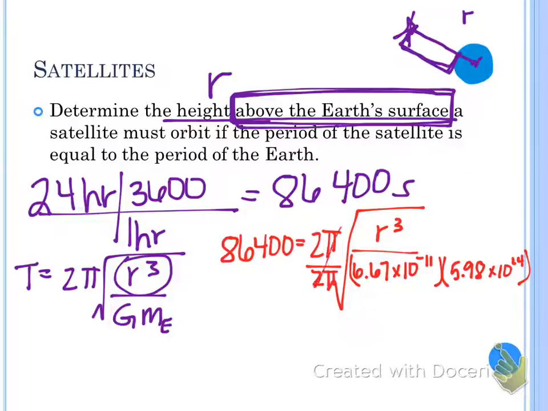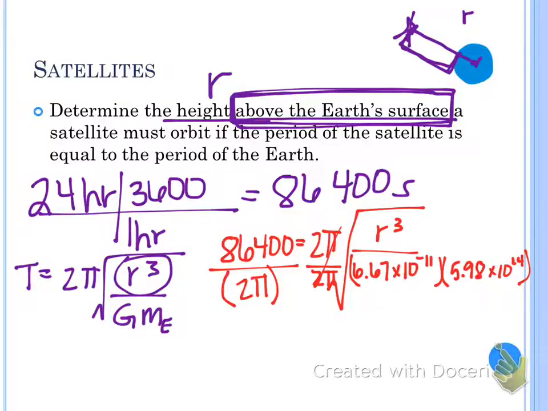Now in your calculator, you need to be very careful. 86,400 divided by 2 divided by pi, or 86,400 divided by parentheses 2 pi close parentheses. If you just do 86,400 divided by 2 times pi, it's going to divide by 2, then take that whole answer times pi. So either put parentheses around the 2 pi, or divide by 2, divide by pi.